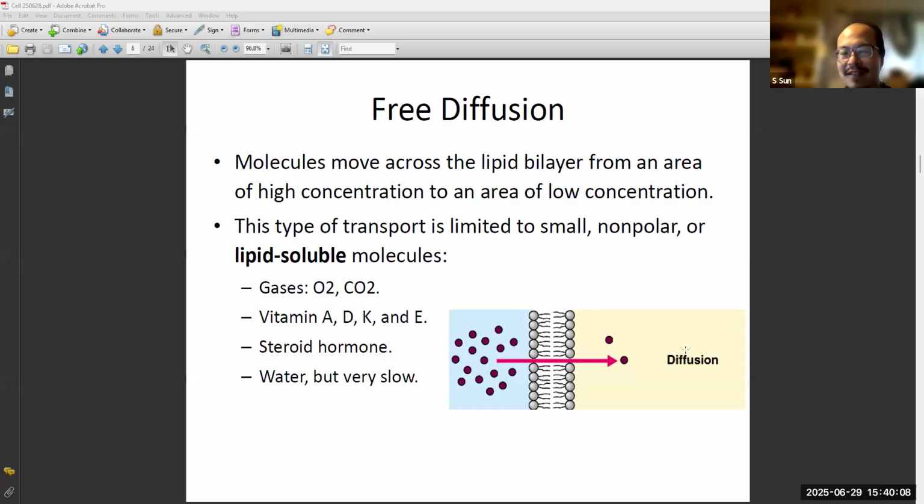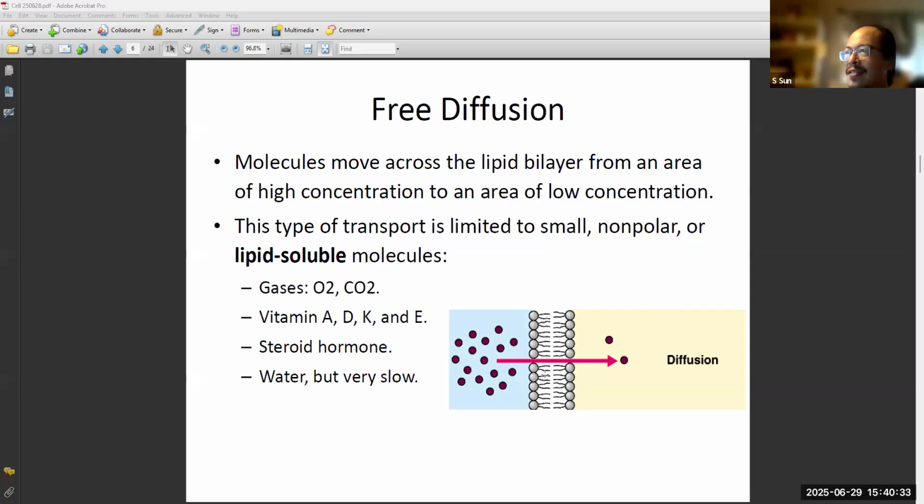So this is needed, and fortunately, they do not like water. So you blow air into the water, they just bubble out. So they don't get dissolved in water that much, right? They actually love lipid more. So they will diffuse across. So gases diffuse across. They see this lipid like nothing.